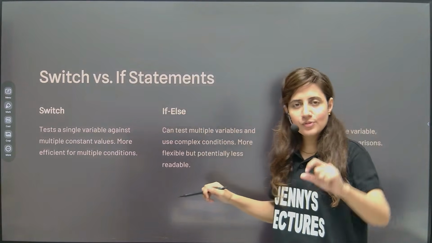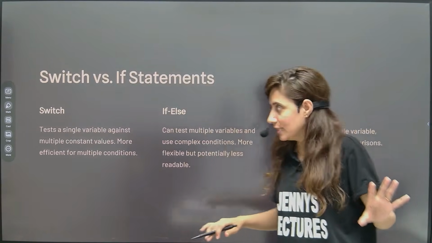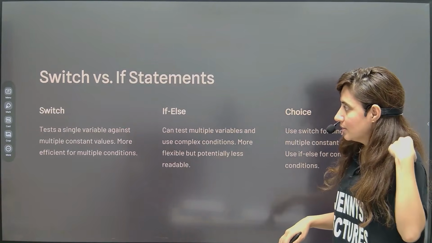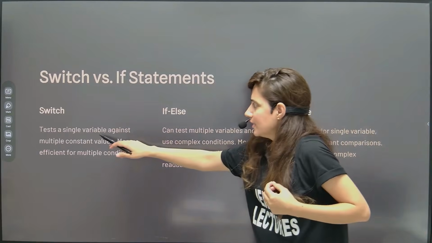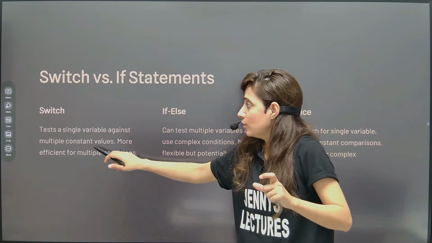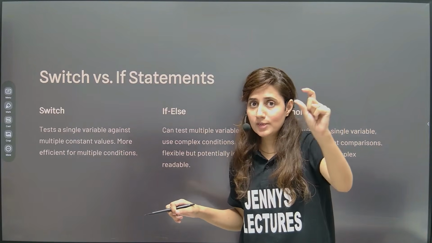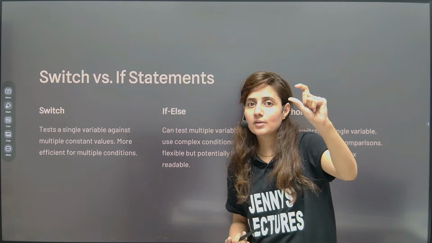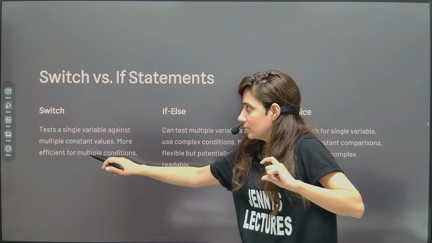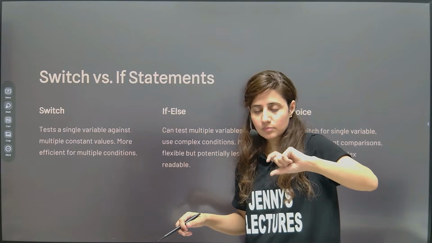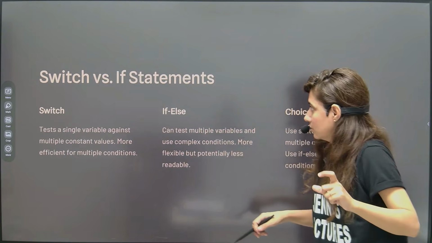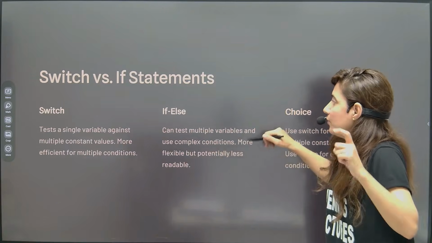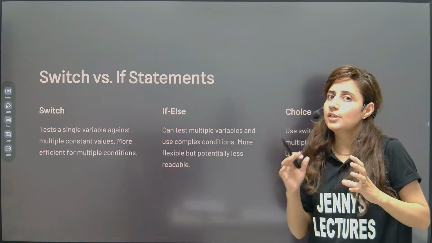Switch versus if else, we have already compared with the help of programs, right? Switch will test a single variable against multiple constant values. The variable is single, but the case values are different, and these are constant values. So it is more efficient for multiple conditions. If else can test multiple variables and use complex conditions.